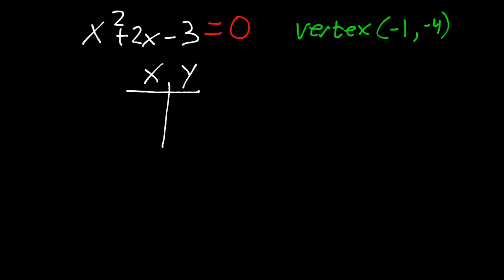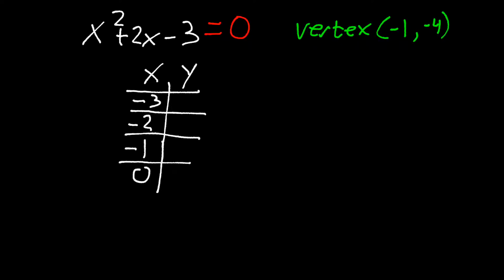The vertex I'm going to put somewhere in the middle, and I'm going to go away from 0 a little bit, so negative 2 and negative 3, and then I'm going to go towards 0 and past it, 0 and 1. And we'll see what happens with these 5 values.